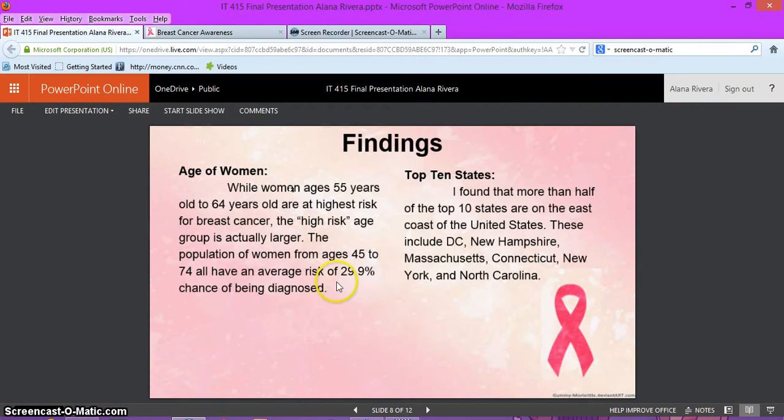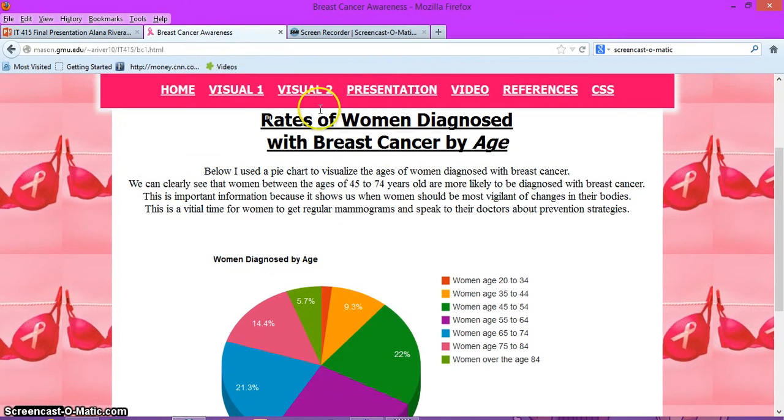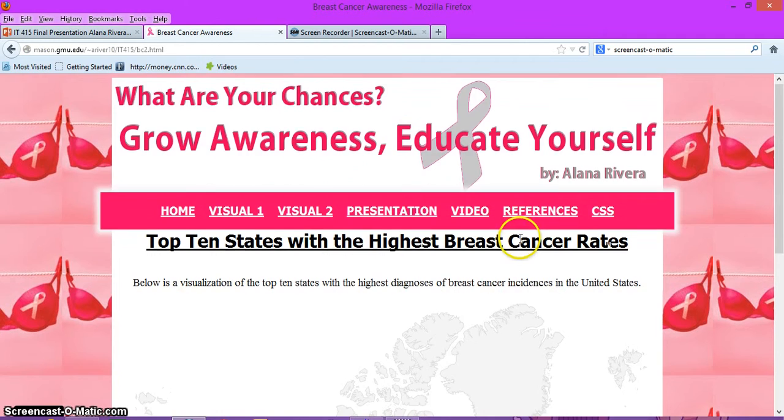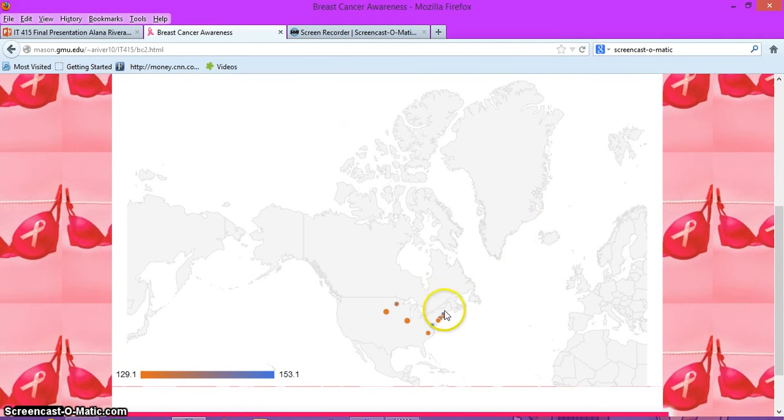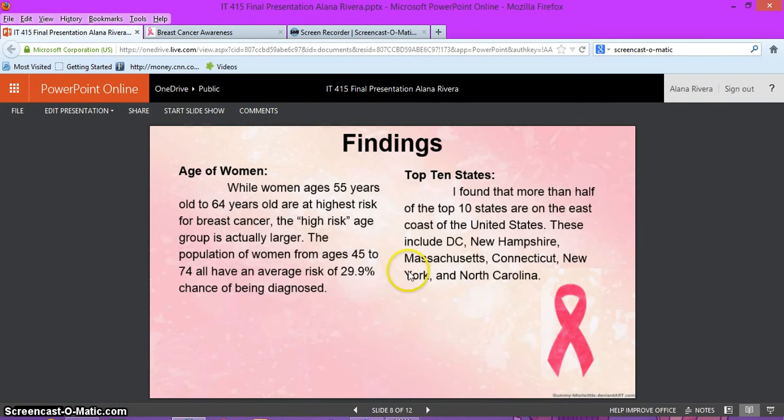So that's actually an average of 29.9%. And for the top 10 states, what I found was that the majority of these states are located on the East Coast, which include New Hampshire, Massachusetts, Connecticut, and New York.